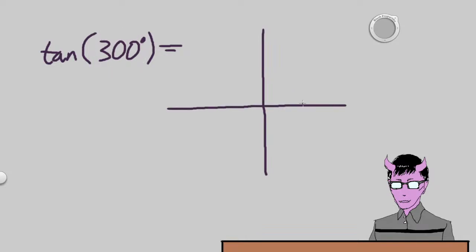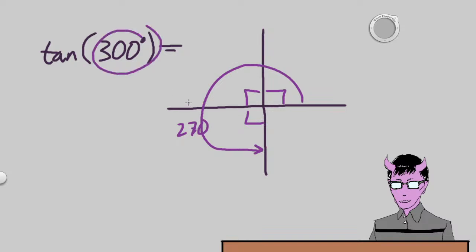This is 300. So this is 90. This is 90. This is 90. So from here to there is 270, right? And this is past 270. By how much? 30 degrees. So the hypotenuse stick ends up right there.